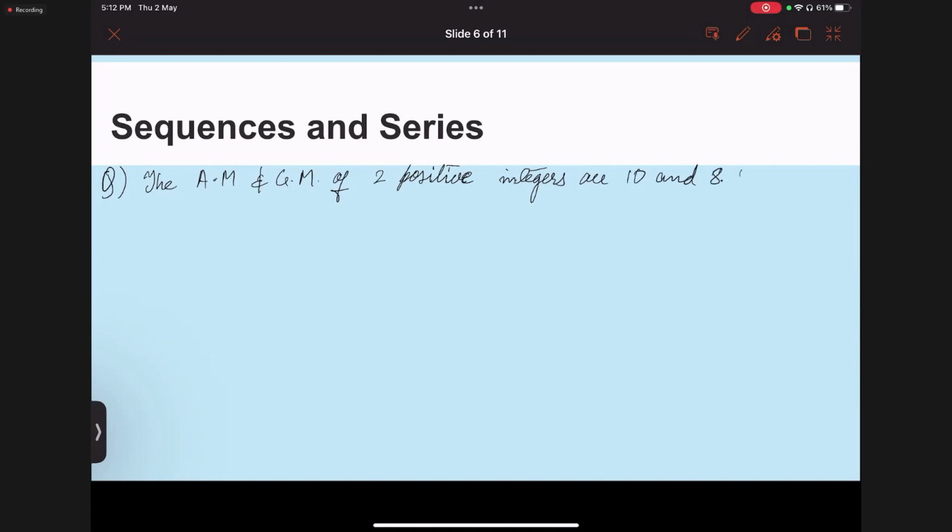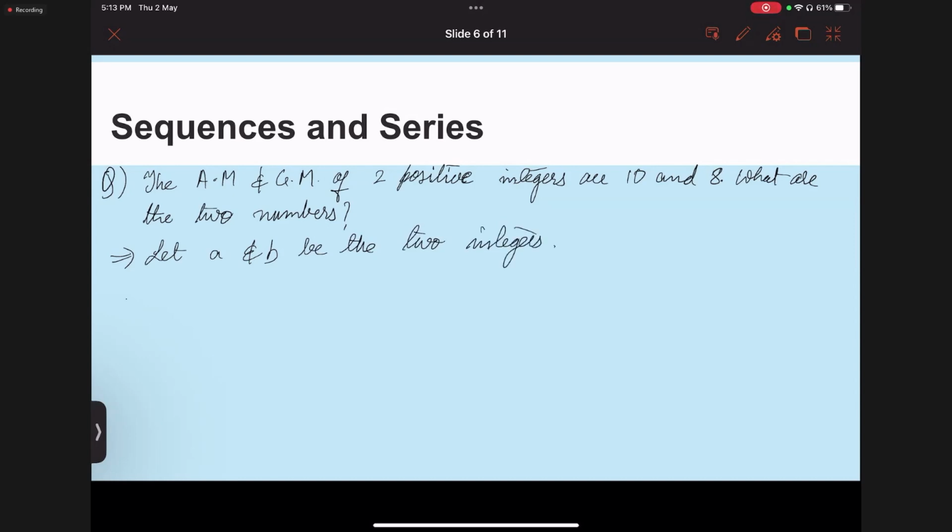What are the two numbers? Now, we will first assign some variables to the two numbers. So let A and B be the two integers.